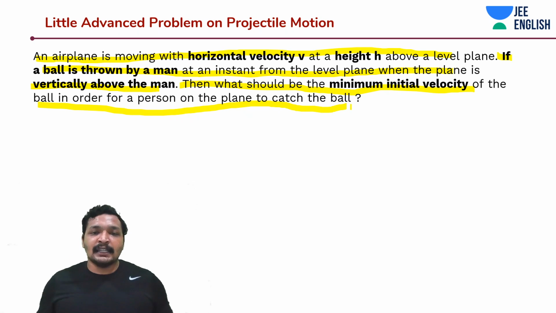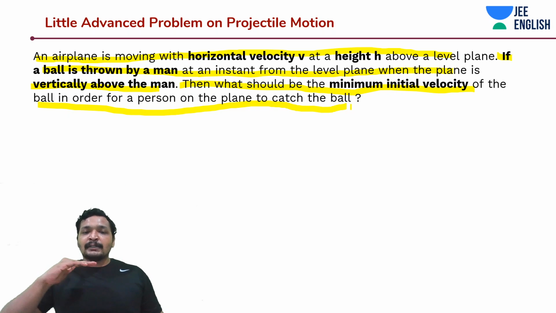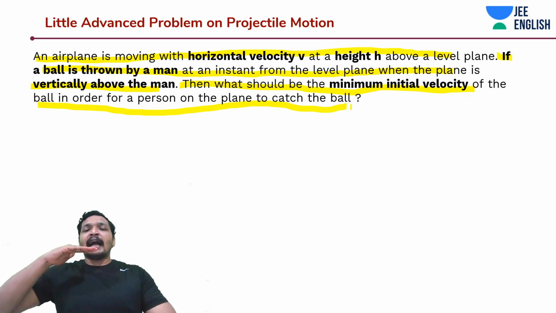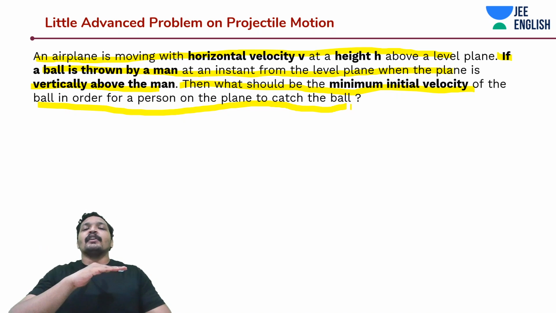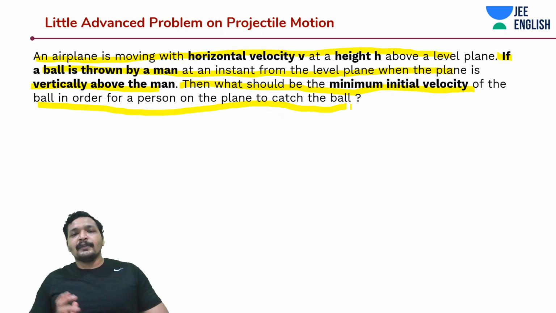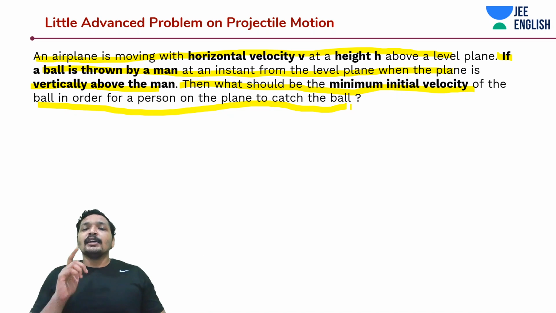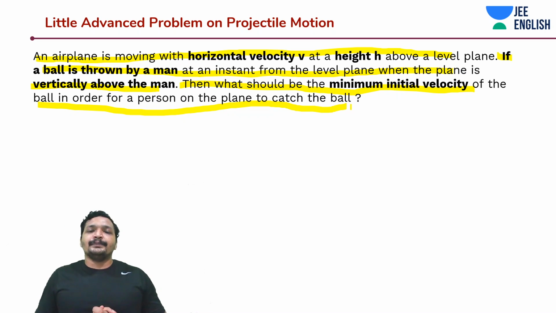So let's first understand this problem, guys. So there is a plane. Let's assume you're sitting on this plane, and I am on this level plane. And you know what? You're flying at a height h above me, and you're traveling only with a horizontal velocity v. What I'm planning to do is throw a ball in such a way that you're able to catch that ball.